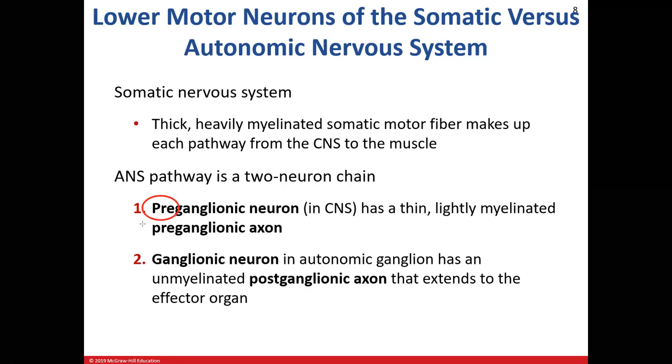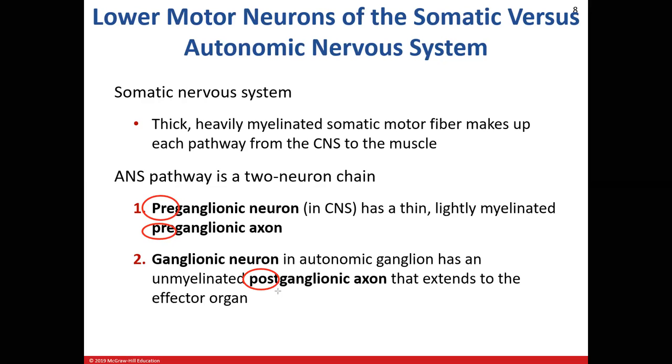We also have a preganglionic axon, which again is the part of that cell that comes before the ganglia. The ganglionic neuron is going to be found within the ganglia, and that's going to be the location of the cell body of that neuron. The postganglionic axon then is going to be the axon that comes after the ganglia. And so what we see is that the postganglionic axon is the axon that's a part of the ganglionic neuron.